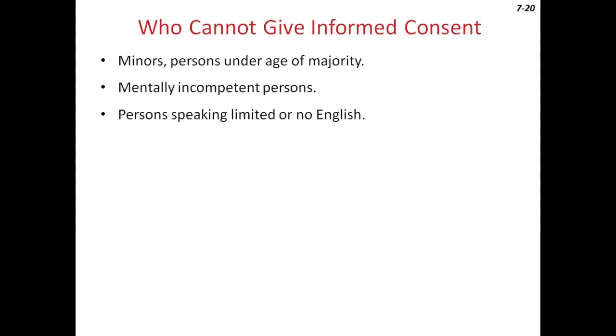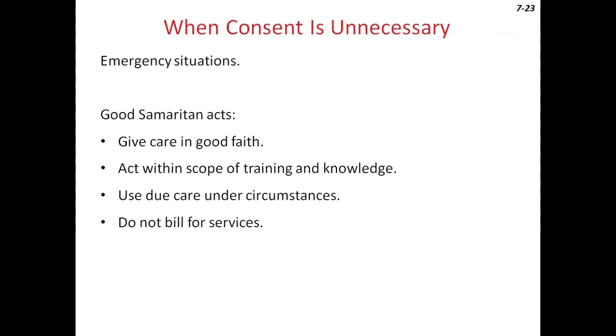In today's hospitals, they have interpreters, so the last one is less of a concern because they have video interpreters, etc., to make sure that people who do not speak English fluently are able to fully comprehend what's being asked of them. Consent is considered unnecessary in emergency situations.